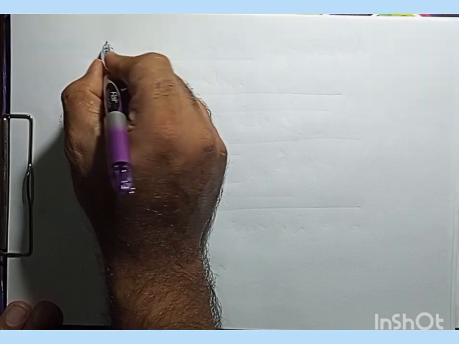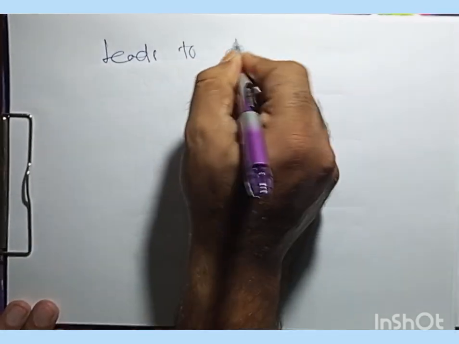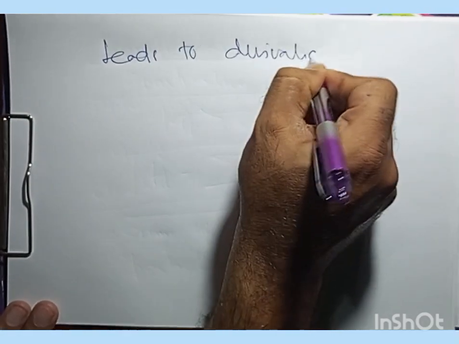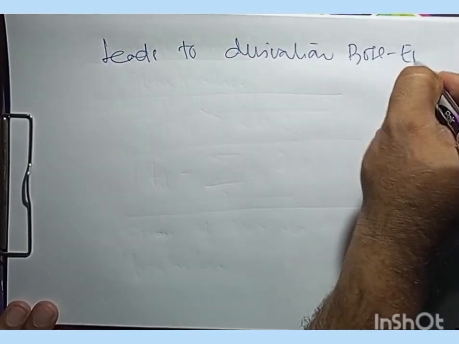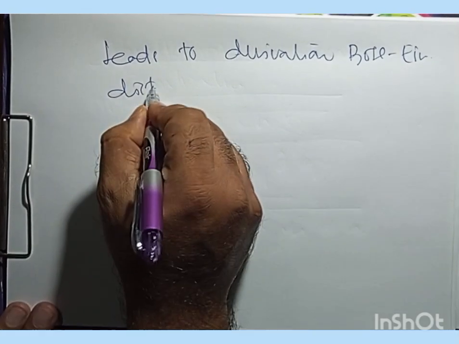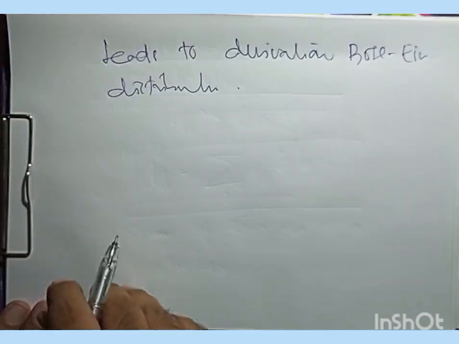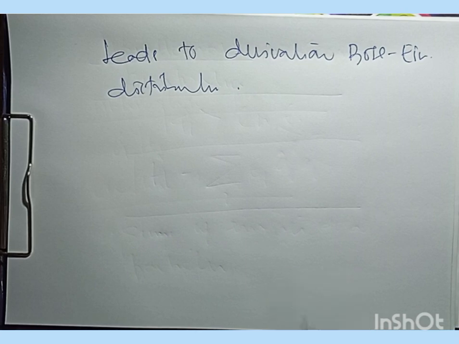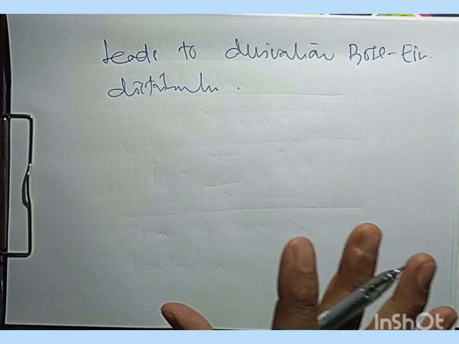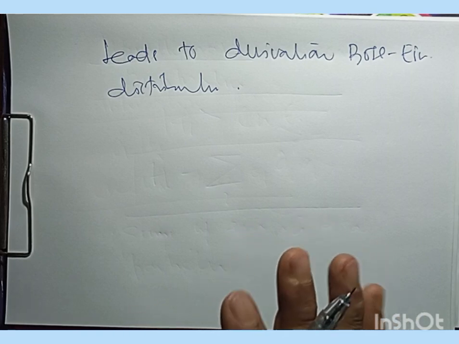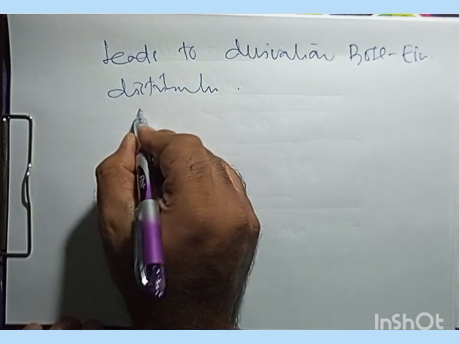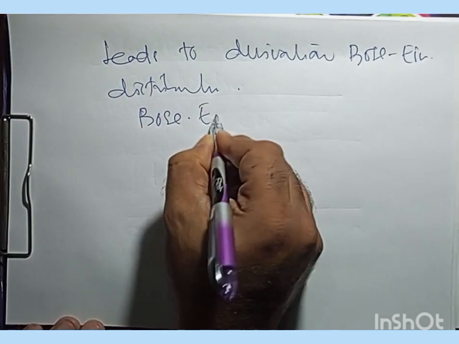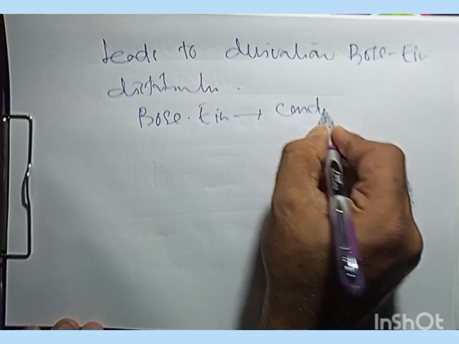This leads to the derivation of the Bose-Einstein distribution, which gives us the average number of bosons in a quantum state at thermal equilibrium. This is crucial for describing phenomena like Bose-Einstein condensation.